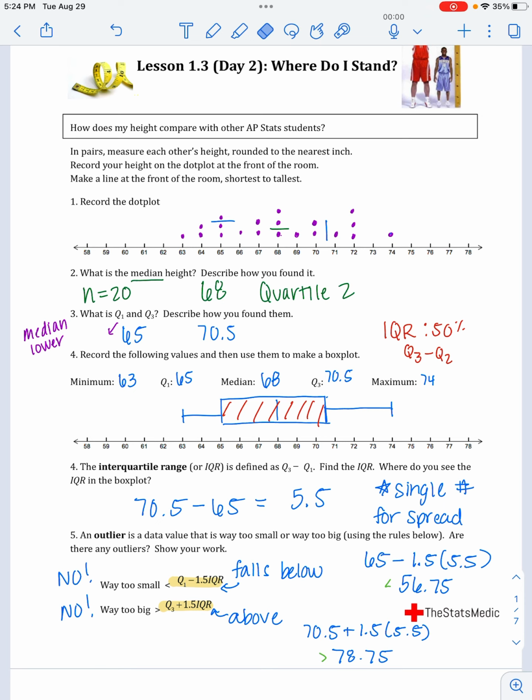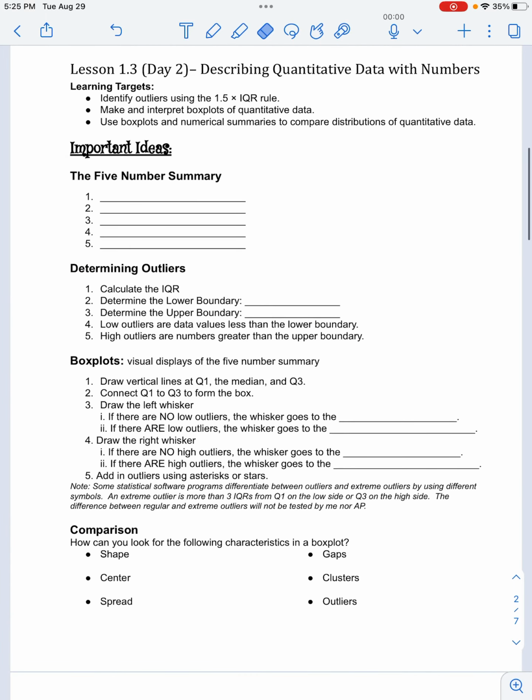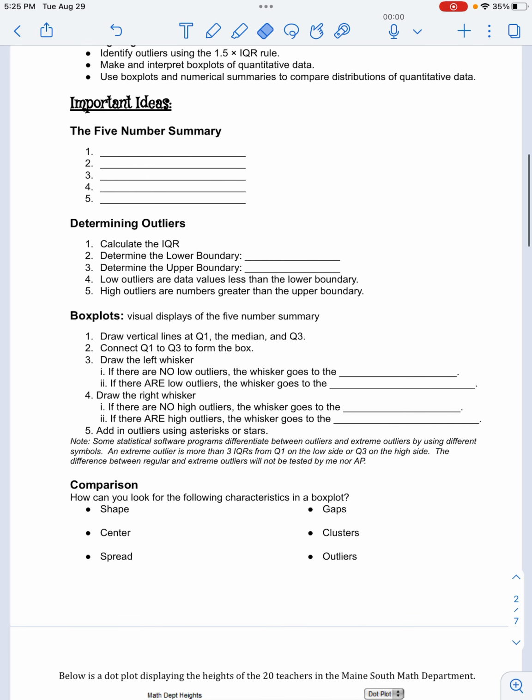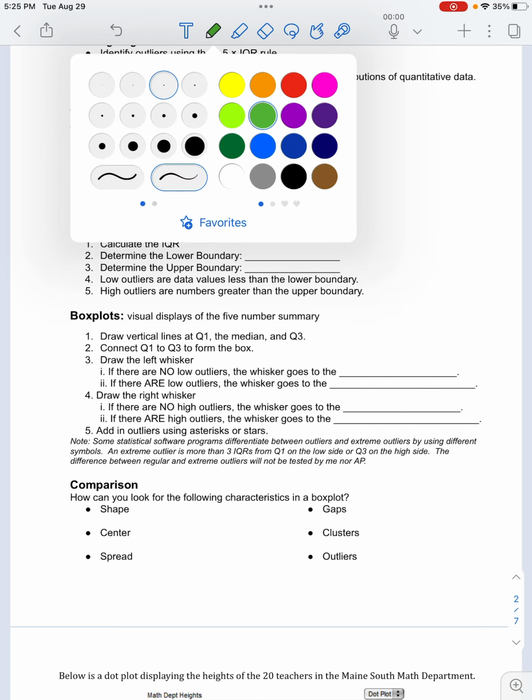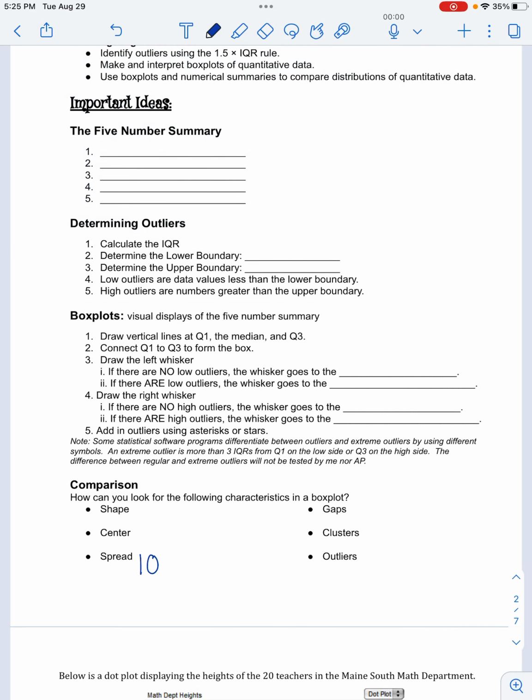Okay, so that pretty much goes over everything when you want to go through the notes. I don't think you need a video to go through these. The only thing I would say is, when you do your comparisons, now that we have IQR, IQR is going to be our measure of spread because we have our center at the median.